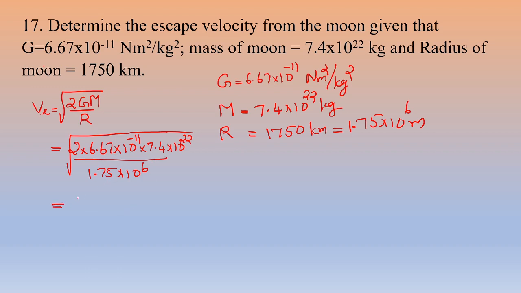So after the calculation, you will get the value of the escape velocity from the moon is 2.375 kilometer per second.